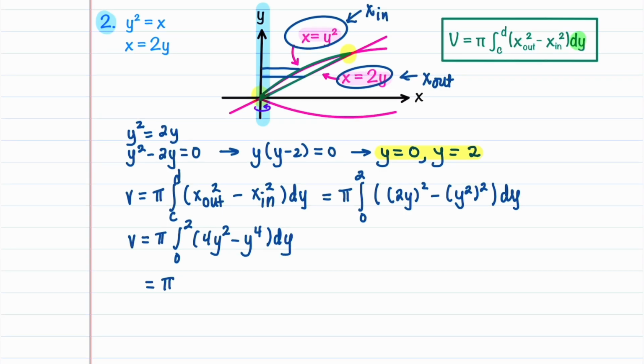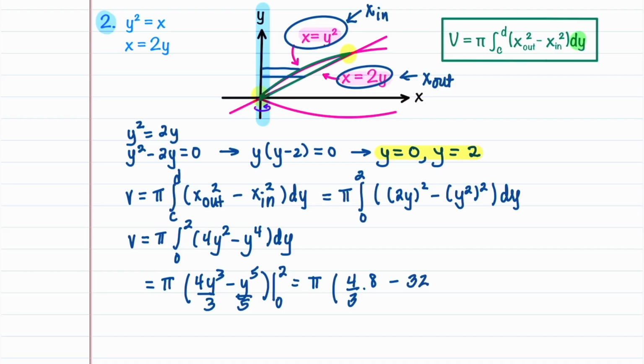This now, if we integrate it, is 4y cubed over 3 minus y to the 5th over 5 from 0 to 2. This gives us pi times 4/3. 2 cubed is 8, so we multiply that by 8, and then minus 2 to the 5th. That is 32, and we divide that by 5, and then we subtract off 0.